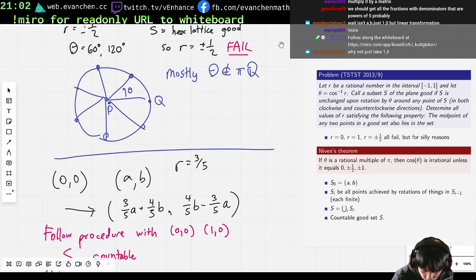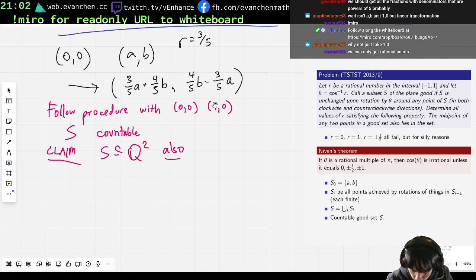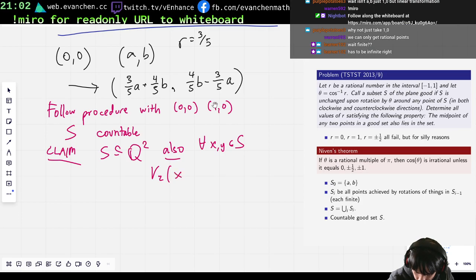Claim, first of all, S is a subset of the rationals squared because of the way I designed it. And second of all, also denominators, I'll put it this way: for every (x, y) in S, the v2 of x will be non-negative.